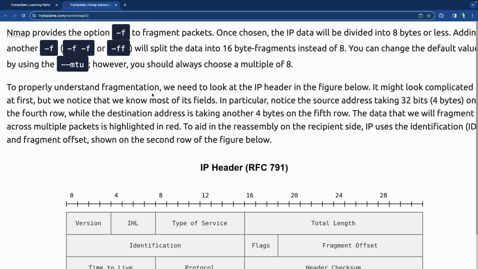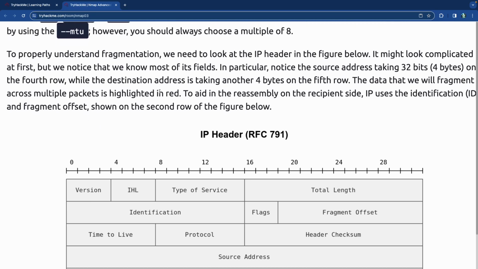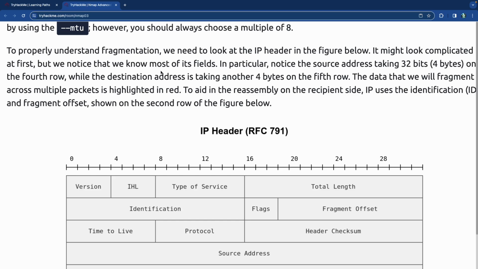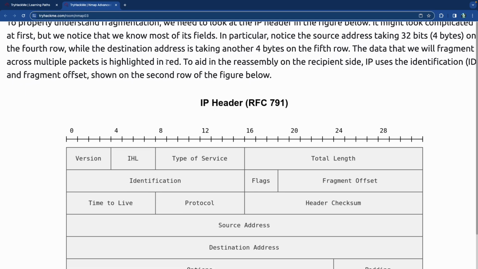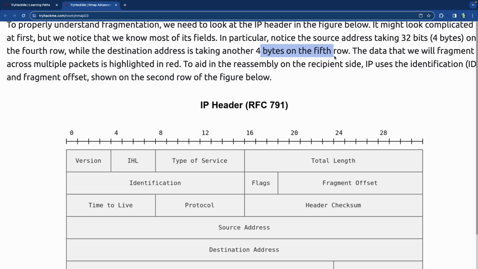To properly understand fragmentation, we need to look at the IP header again, and it might look complicated at first, but we notice that we know most of its fields. In particular, notice the source address taking 32 bits, which is 4 bytes, on the 4th row, while the destination address is taking another 4 bytes on the 5th row.